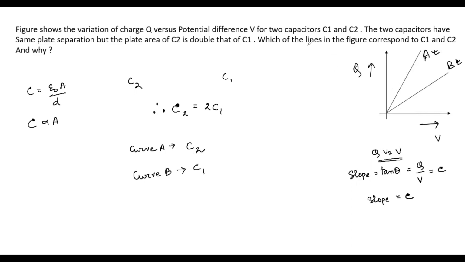This is what was asked: which line in the figure corresponds to C1 and C2, and why. Since C2 has the greater value because its area is double that of C1, curve A, which has the greater slope, represents C2. The greater the slope, the greater the capacitance value. So C2 represents curve A and C1 represents curve B, because its slope is quite smaller compared to A.